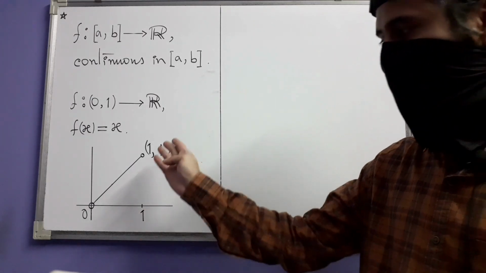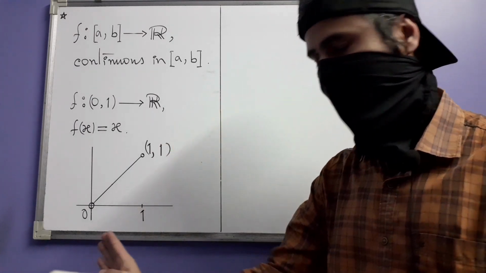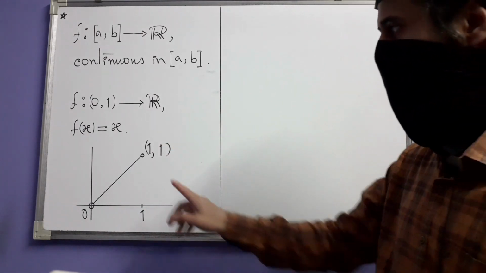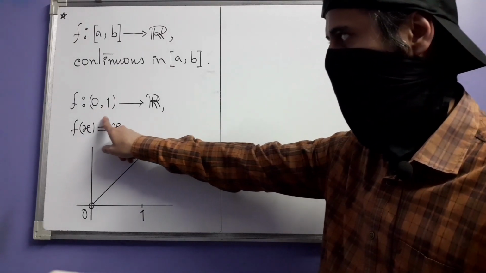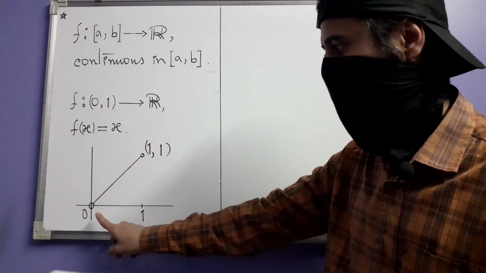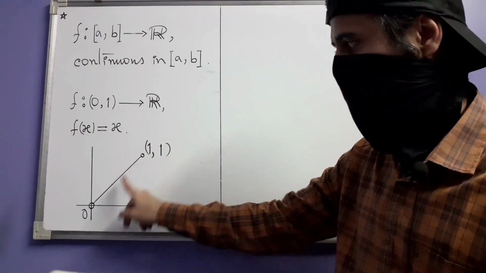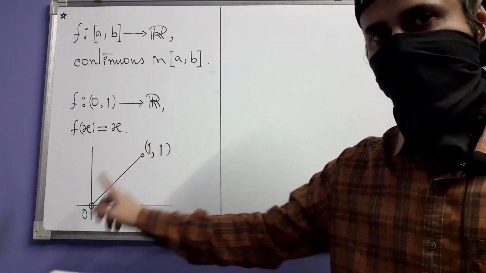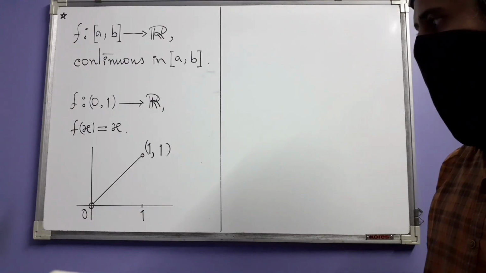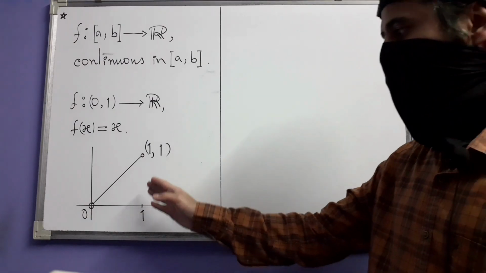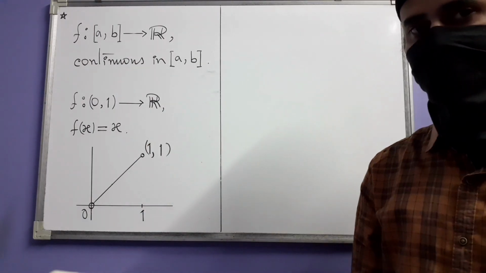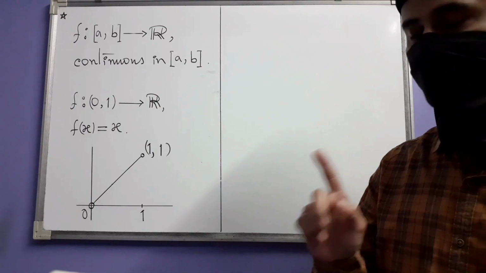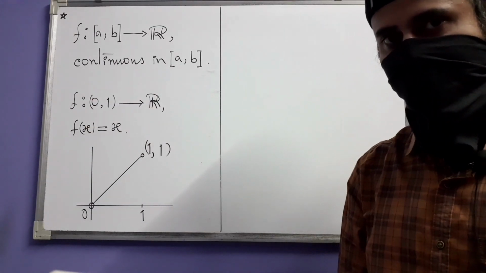The graph, of course, is this line, but not entirely, because we are only considering the input from here. So it's this line segment without its endpoints (0, 0) and (1, 1). Can you think of a point where a maximum value is being attained? That point needs to be inside the domain.